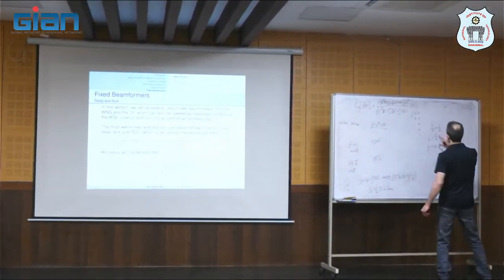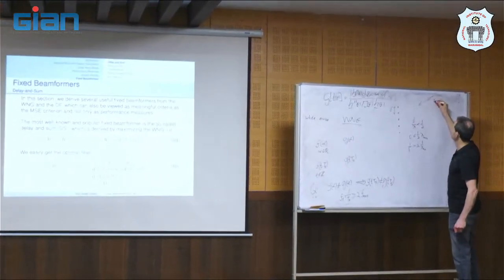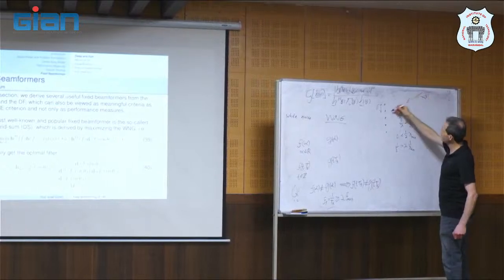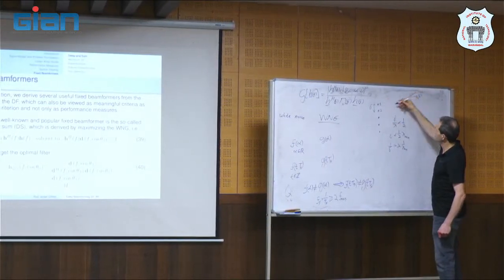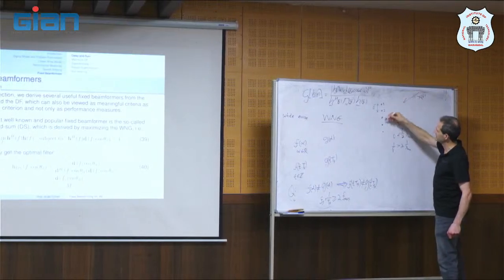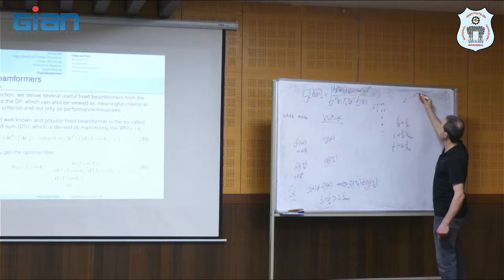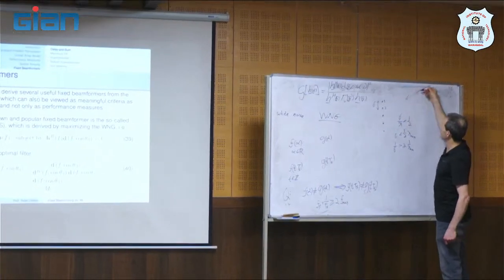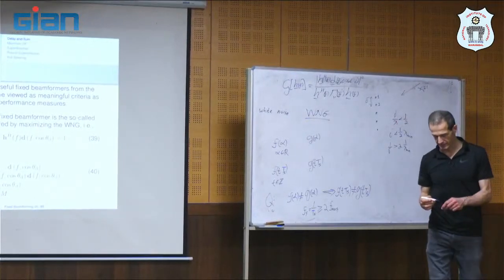Suppose that we have an array, and a signal comes from a certain direction. This is the first sensor, and second sensor, and so on. We delay the signals compared to the first one and take the summation, and then the signal that comes from this direction will not be distorted. This is delay and sum.